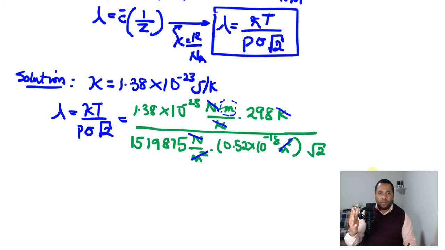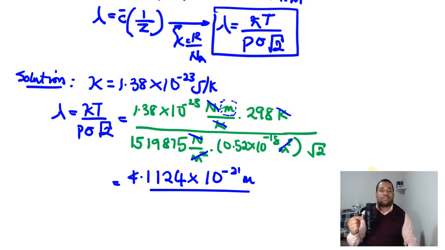Therefore, by multiplying our numerator constants and dividing our answer by the product of the denominator constants, we arrive at our numerator to be 4.1124 times 10 to the negative 21 meters, and this is divided by our denominator, which is 1.1177 times 10 to the negative 12.